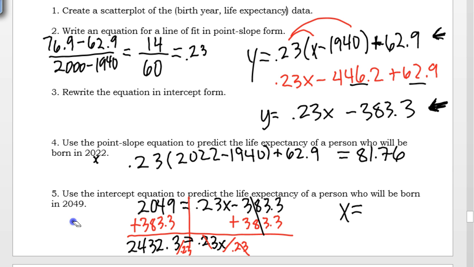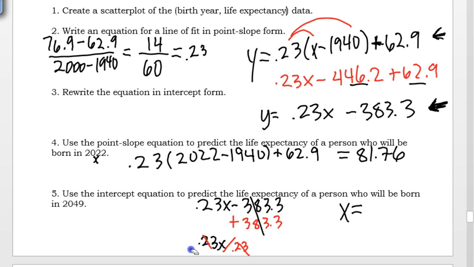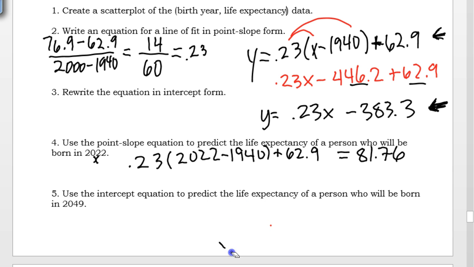Okay, we're going to redo this one. Okay, and our last question says, use the intercept equation to predict the life expectancy of a person who will be born in 2049. So we are going to use the intercept equation this time instead of the point equation.